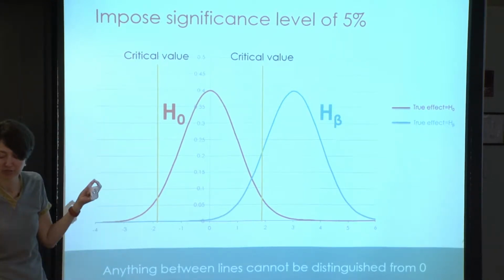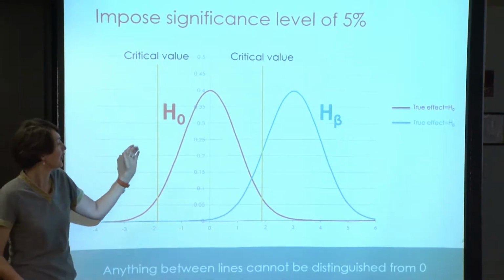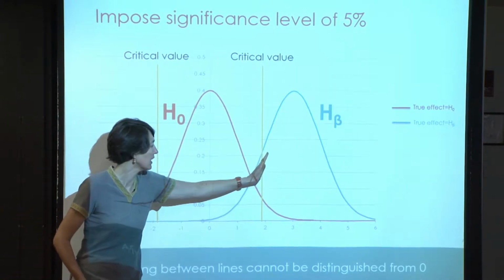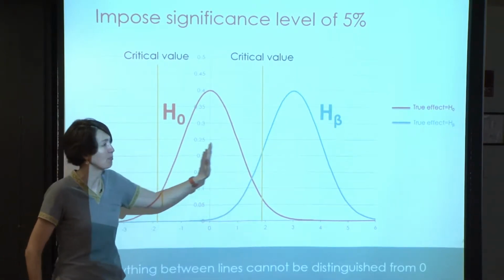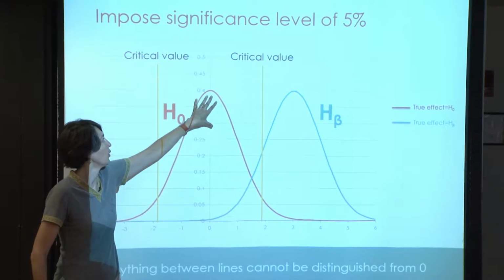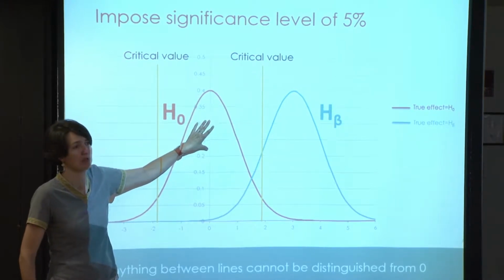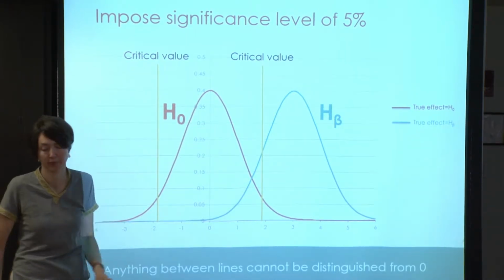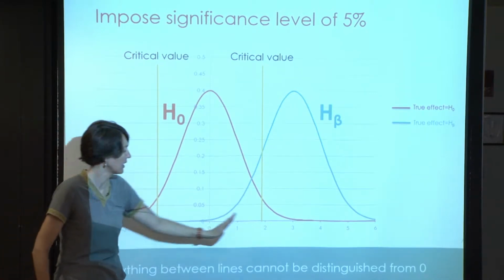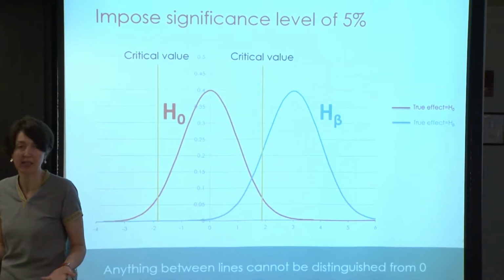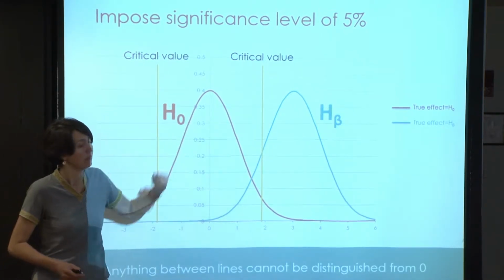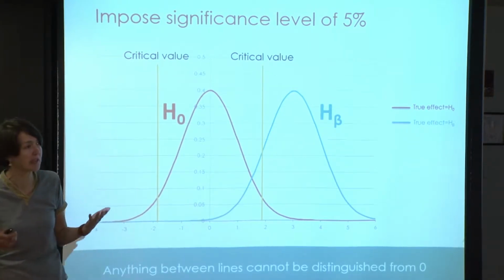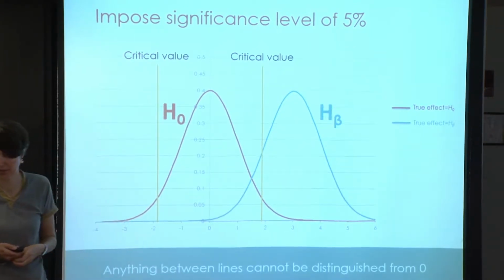Yeah? And that is the critical value. So anything between these lines is pretty consistent with the null hypothesis being true, i.e. that there is no effect. Anything between here and here, there's a pretty good chance that the null effect is correct.